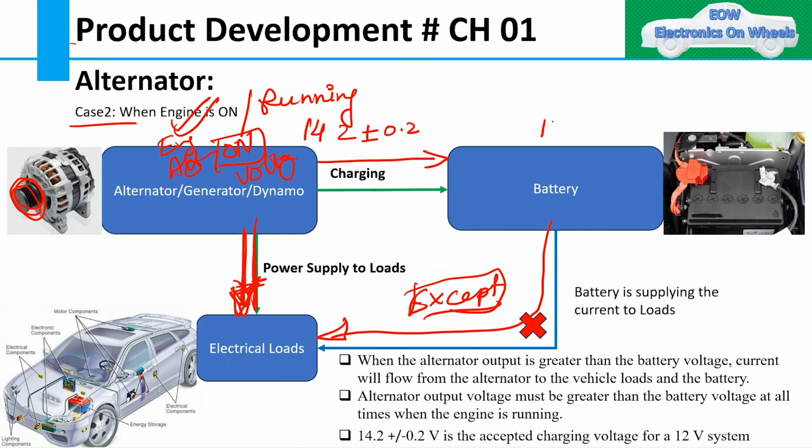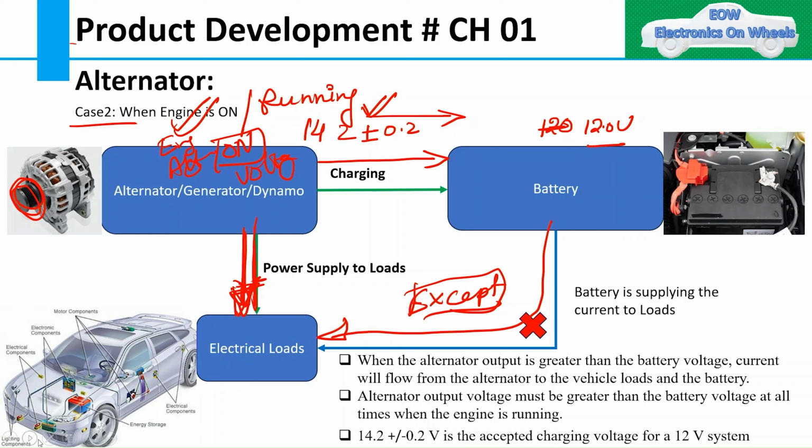And what is your battery voltage? That is 12.0 volt, right? So your alternator output is higher, then your current will flow in this direction. I hope you understand this.